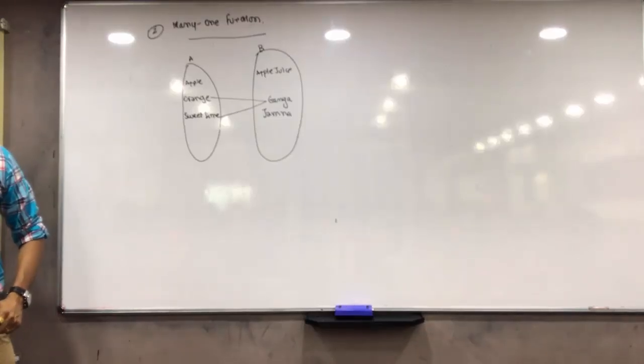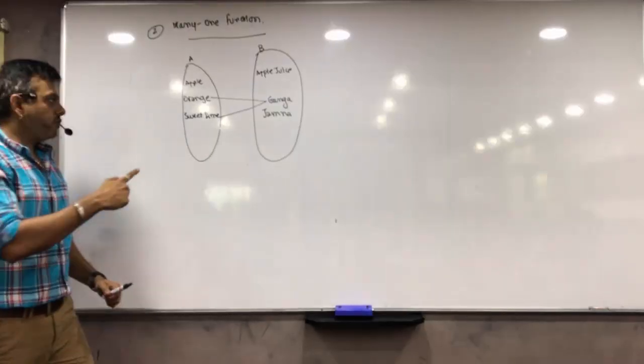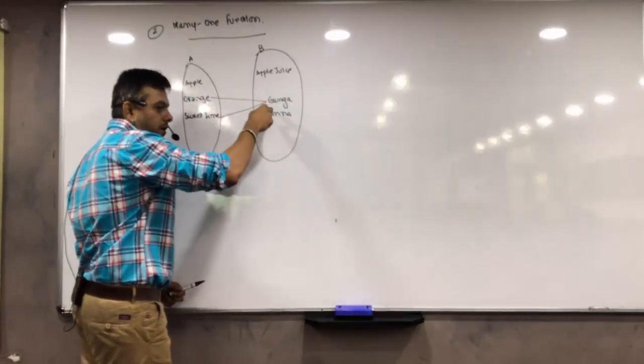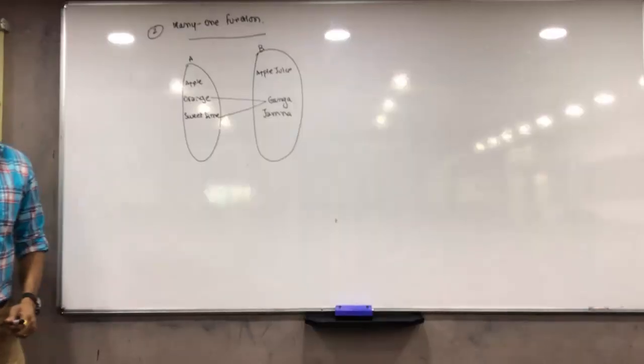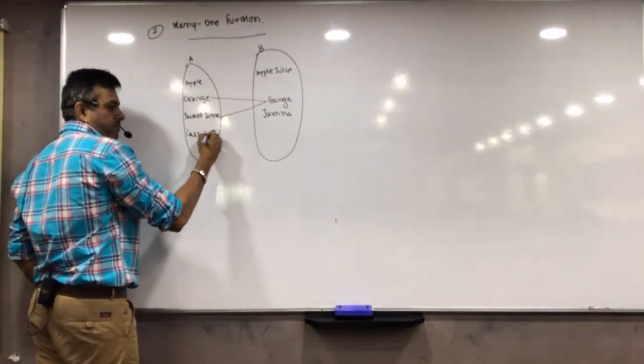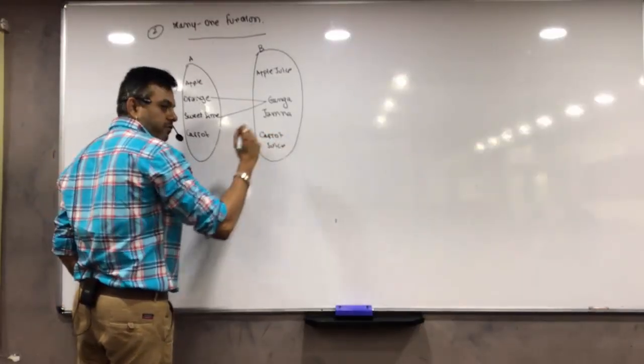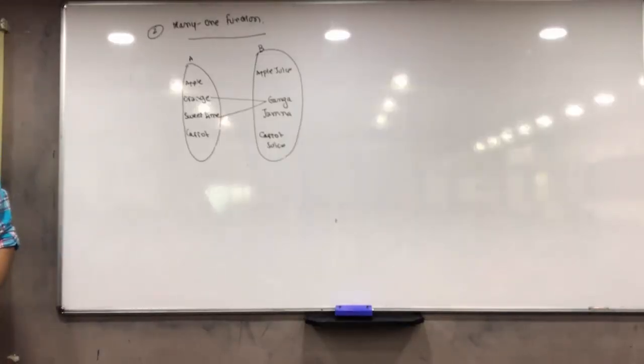Okay, so that is Ganga Jamuna. Understood? So two inputs and one output. Got it? Then you can have carrot, carrot juice. Understood? This is many-one function.